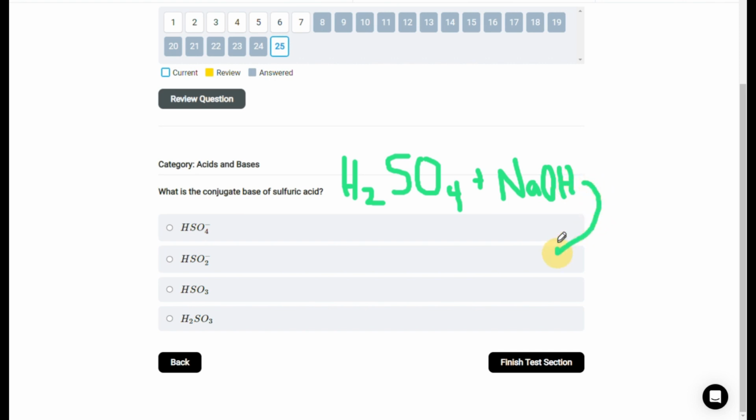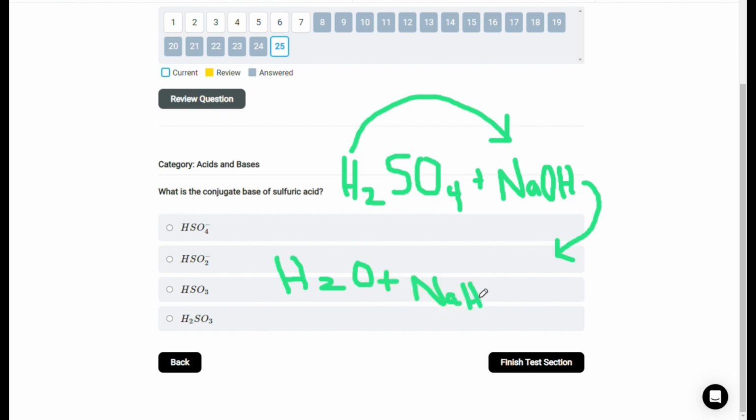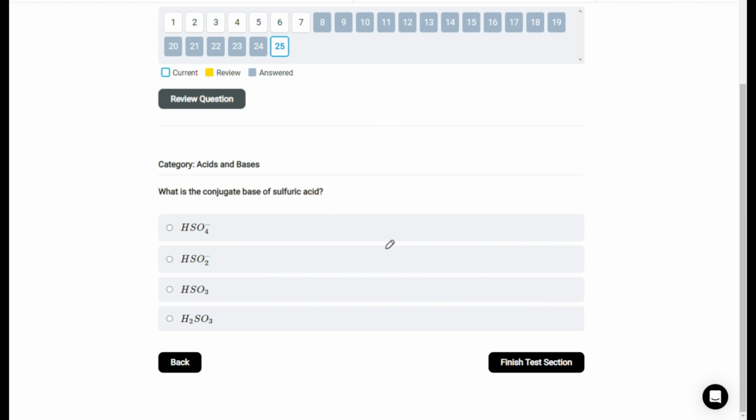It would donate one of these protons to sodium hydroxide to essentially form water plus NaHSO4. And this OH here bonds with this H to form the water, and this bonds with that.